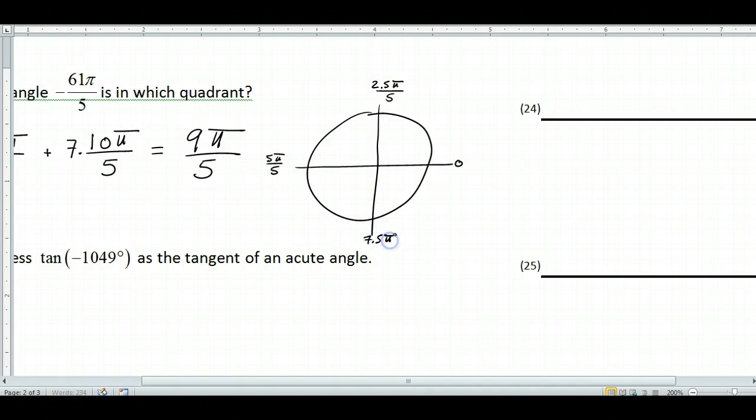So you see we're still below 9 right here. And then this is 10 pi over 5. And so 9 is somewhere here in the 4th quadrant. Okay, let me keep that. 9 pi over 5. And so the answer is Q4.